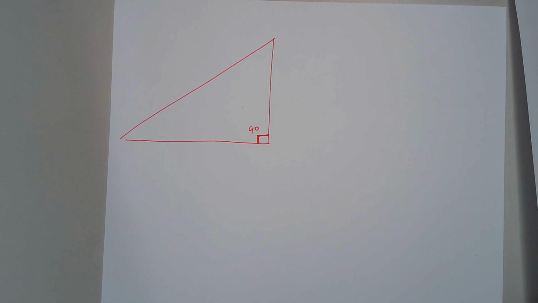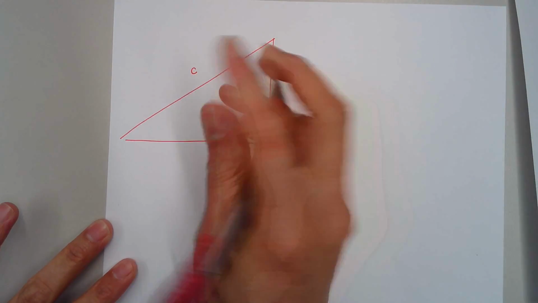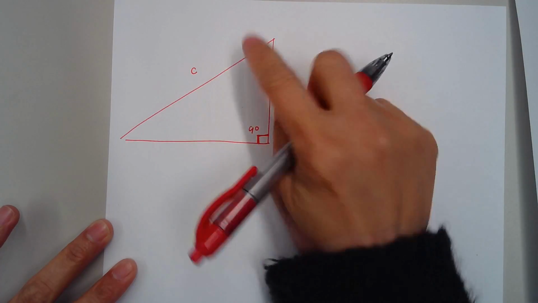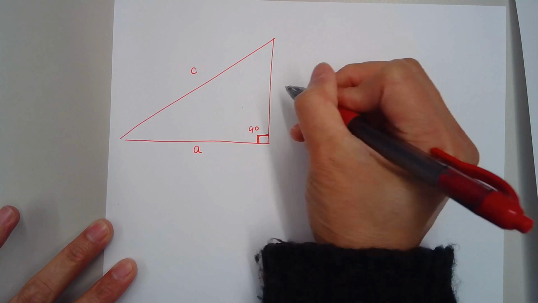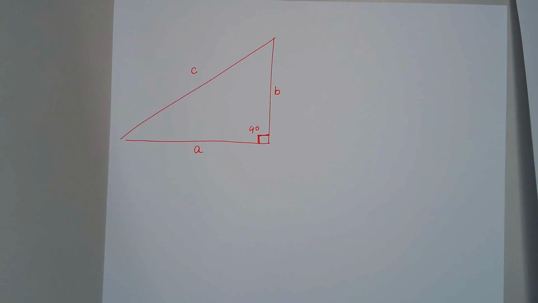And this is why it's good to have a ruler. So A, what do you think A is? How big is A? How long? About 8 centimeters, right? So this is about 8 centimeters.